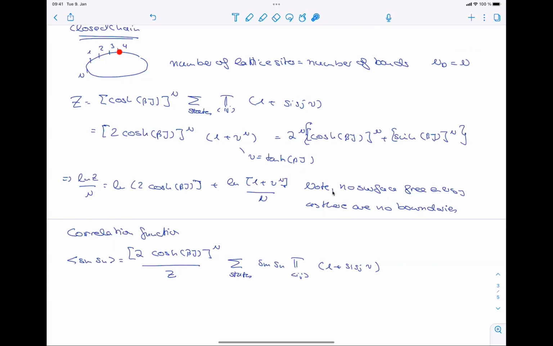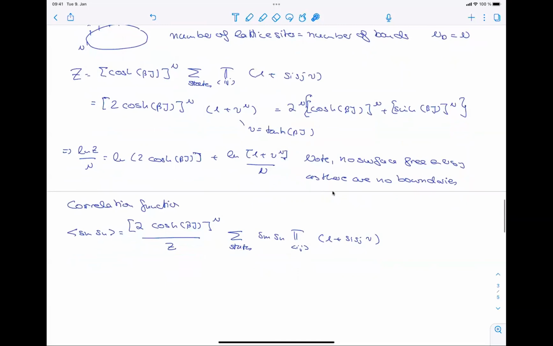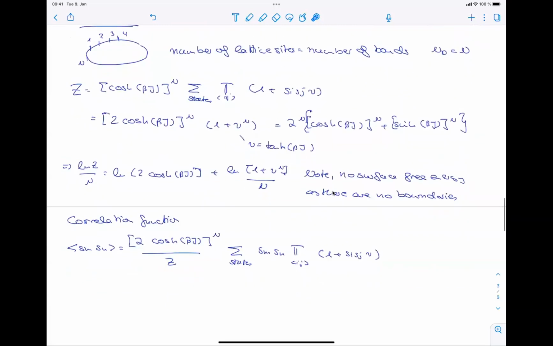But there's also the graph that goes from 4 via N back to 1. So now I have two different graphs that I can sum over that are connecting the two identical spins, so that these two spins have an even exponent and are actually contributing. So these are the two graphs that I find now for the correlation on the closed chain.